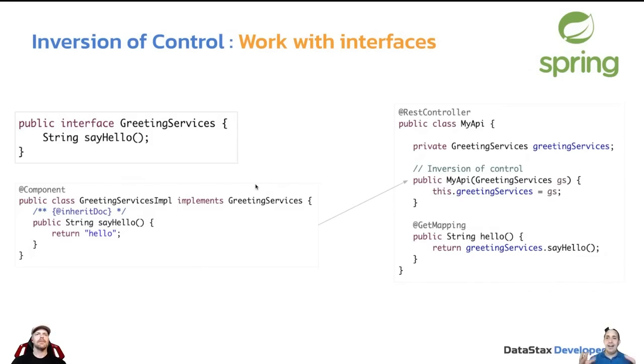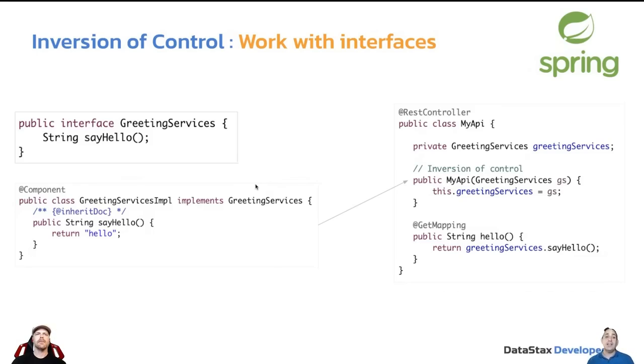The idea at the very core of Spring is what we call inversion of control. You will define an interface and multiple implementations of the same interface. And it is at runtime that the framework will decide which implementation to pick based on the name, based on some tips you can give to Spring.